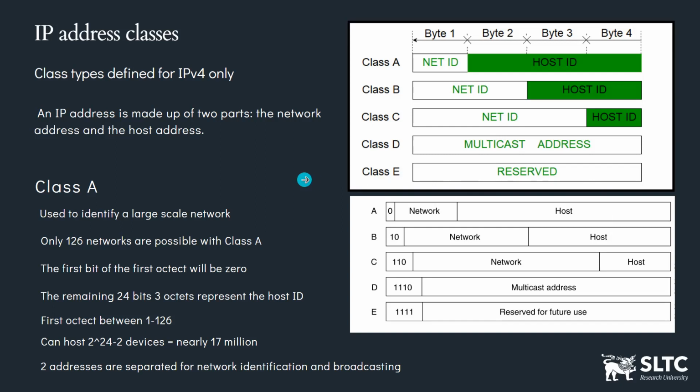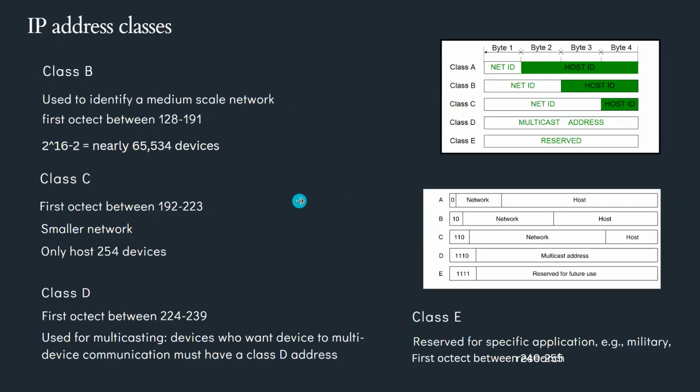And when we take into consideration the class B IP address class, we can use this class B to address a medium scale network. So in class B, the IP address starts with 10, and the rest of it consists of the network ID and the host ID.